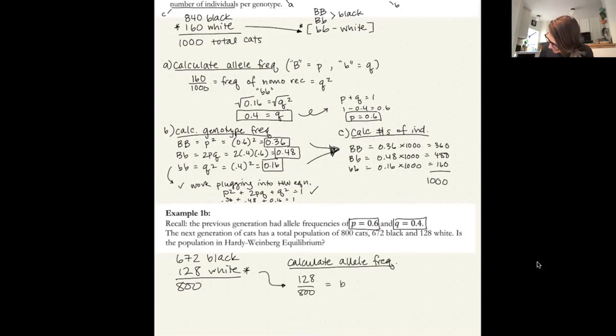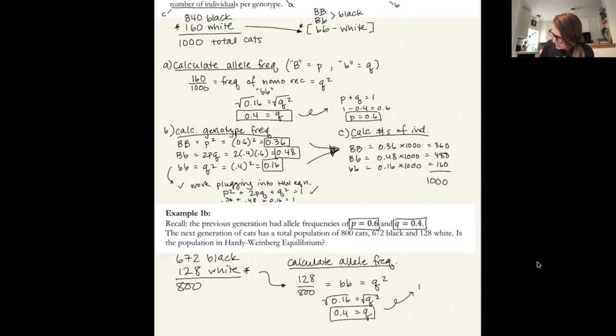And remember, that is going to be equal to homozygous recessive, which is the same as our Q squared. So when we calculate that out, we get that 0.16 is going to be equal to Q squared. And if you solve that, then we're going to see that Q is 0.4.